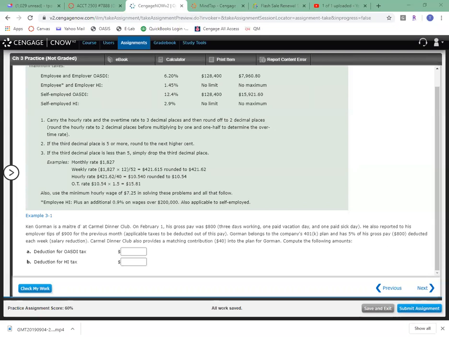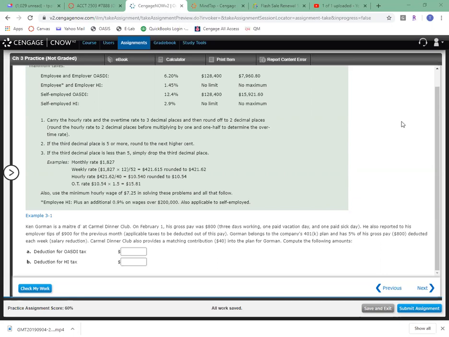When it comes to defined benefit plans or deferred benefit plans, 401k, 403b type retirement plans, any contributions made by the employer, in this case Carmel Dinner Club, the matching contribution is not taxable.